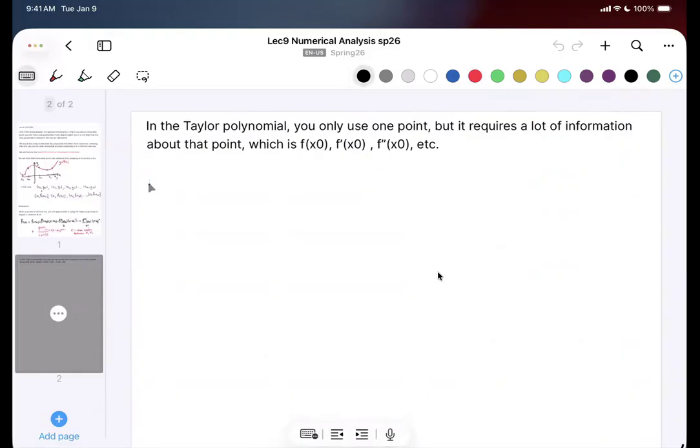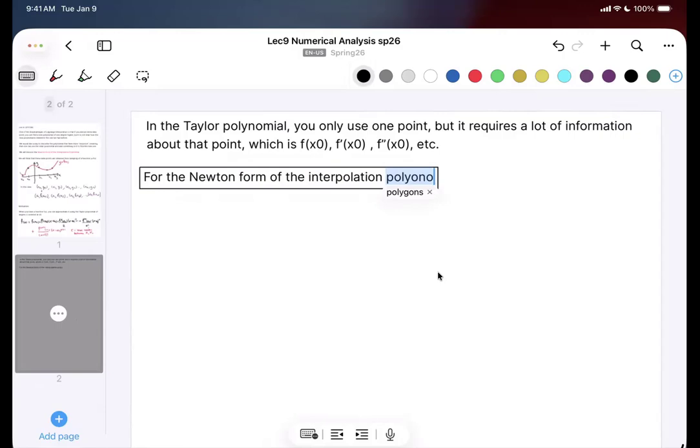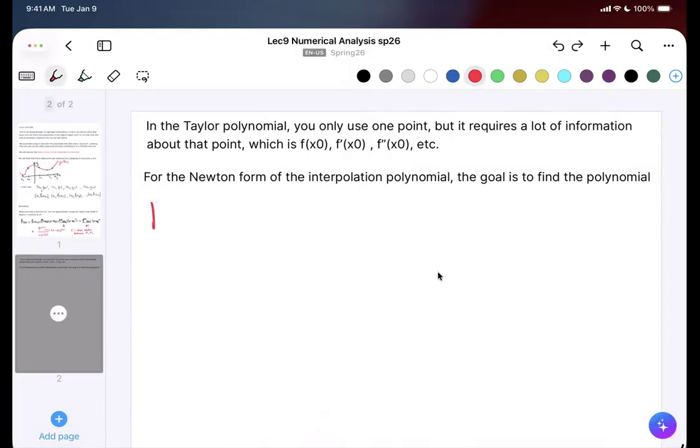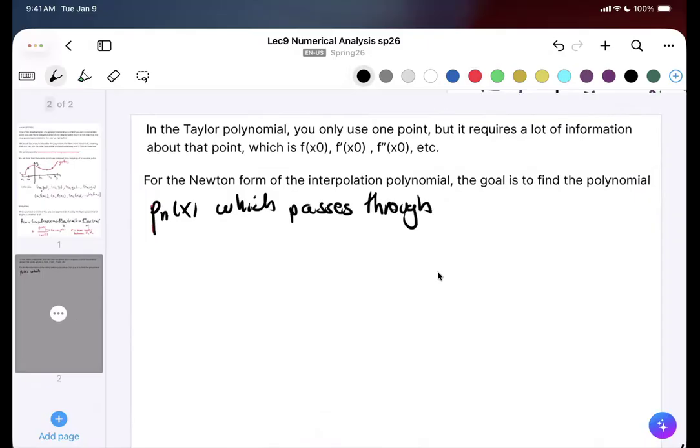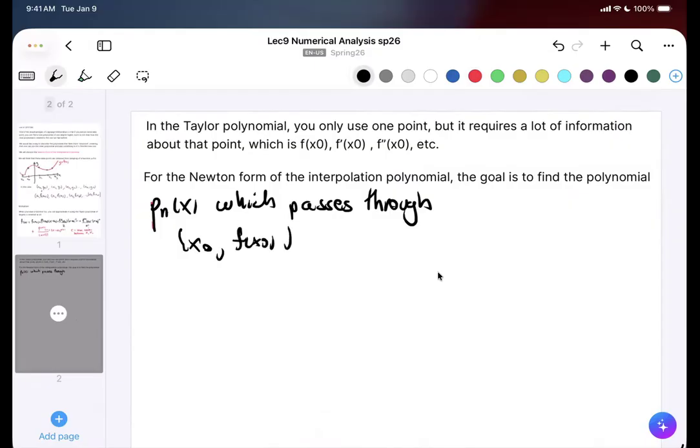So for the Newton form of the interpolation polynomial, the goal is to find the polynomial, let me just write it here, you want to find this polynomial of degree n, which passes through, as I was saying, x0, f of x0, x1, f of x1, and xn, f of xn.